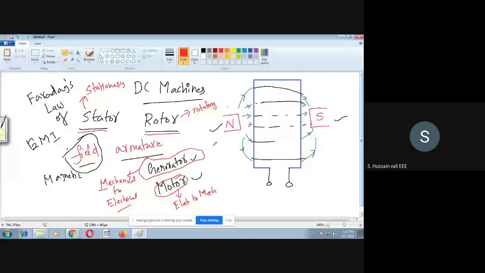Now the coil here is the rotating one, and it is called the armature. Whereas the poles are the magnetic field.